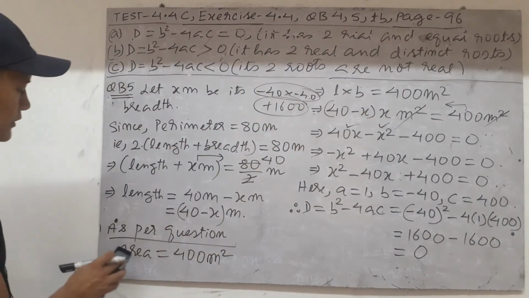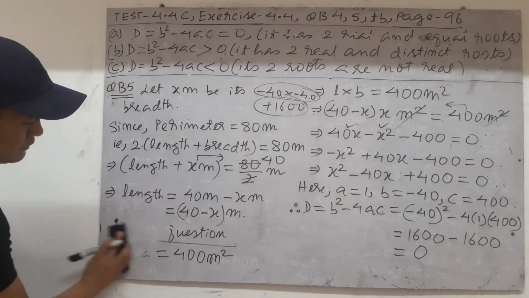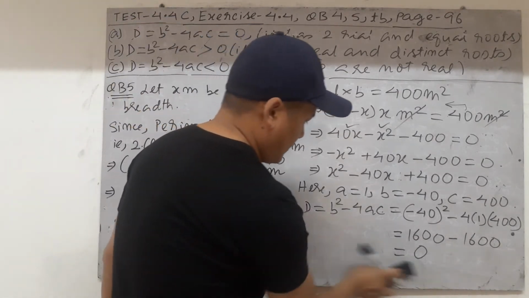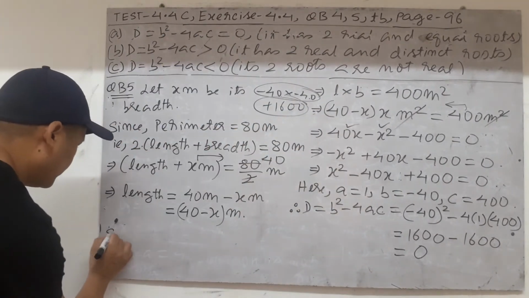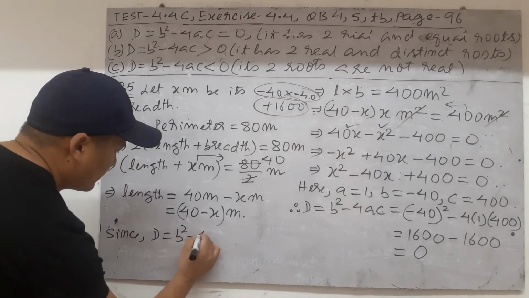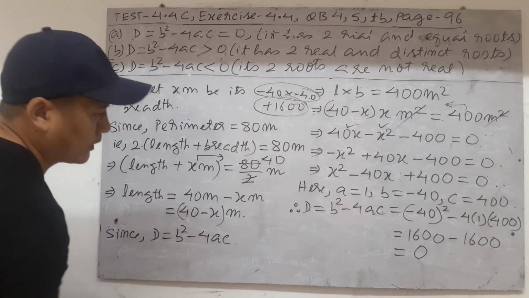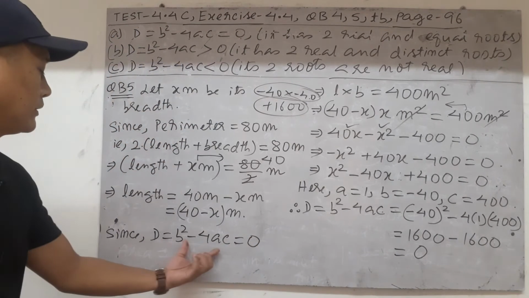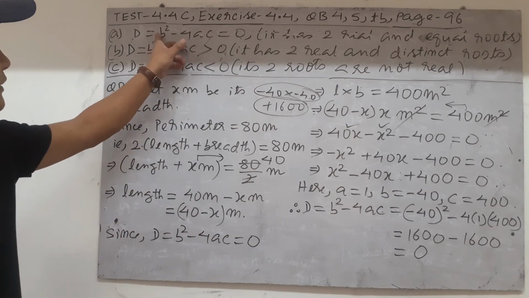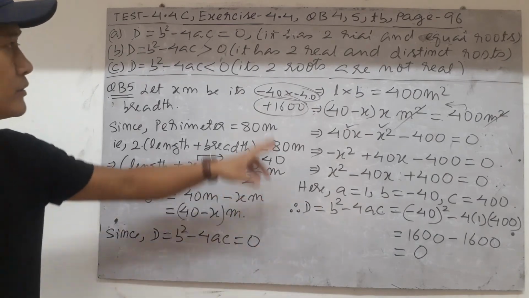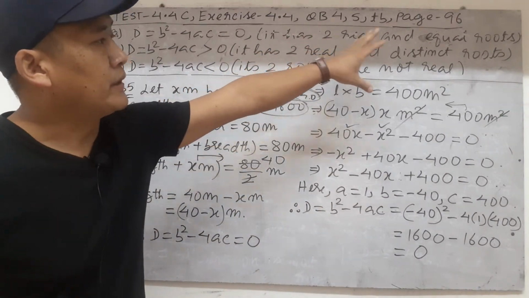So we can write here now, continuing: since just now we got D equal to b squared minus 4ac exactly equal to 0. So if this condition is matching the first one, D equal to b squared minus 4ac equal to 0, our question matches, so it has two real and equal roots.